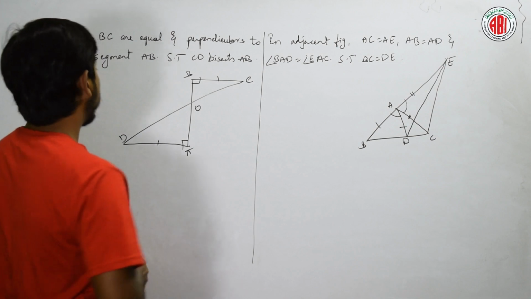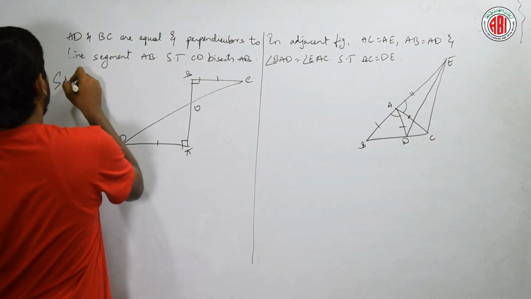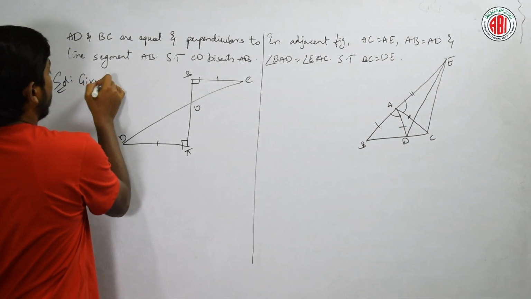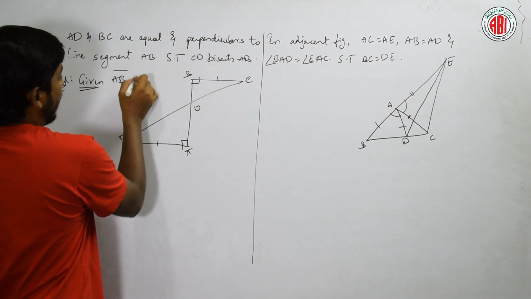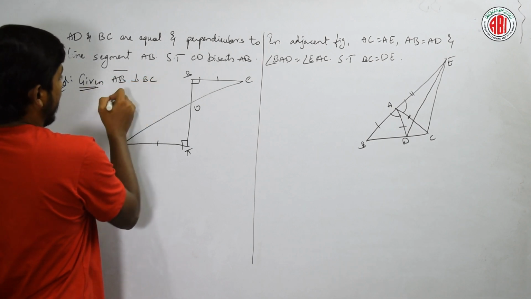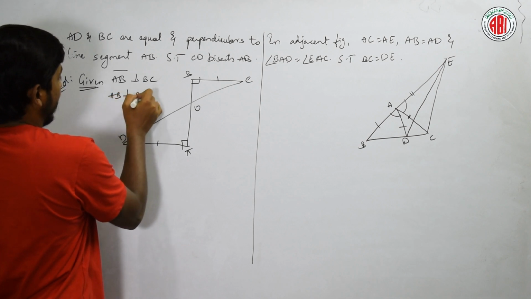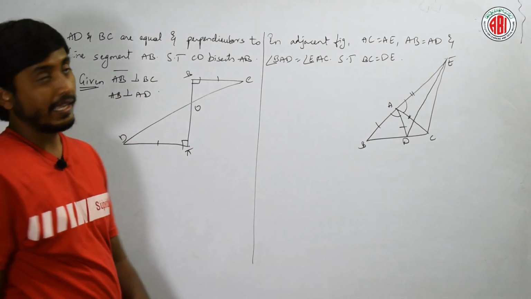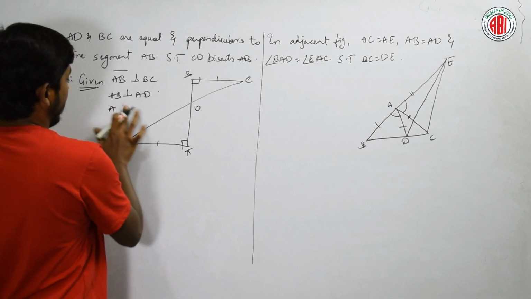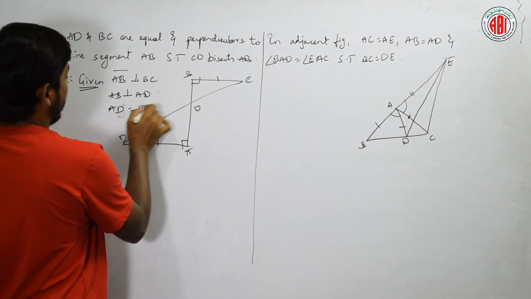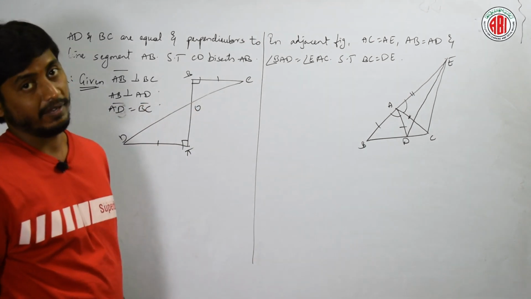How do we prove these are equal? Tell me. First write what is given. Given: AB is perpendicular to BC and AB is perpendicular to AD. And AD is equal to BC is also given.